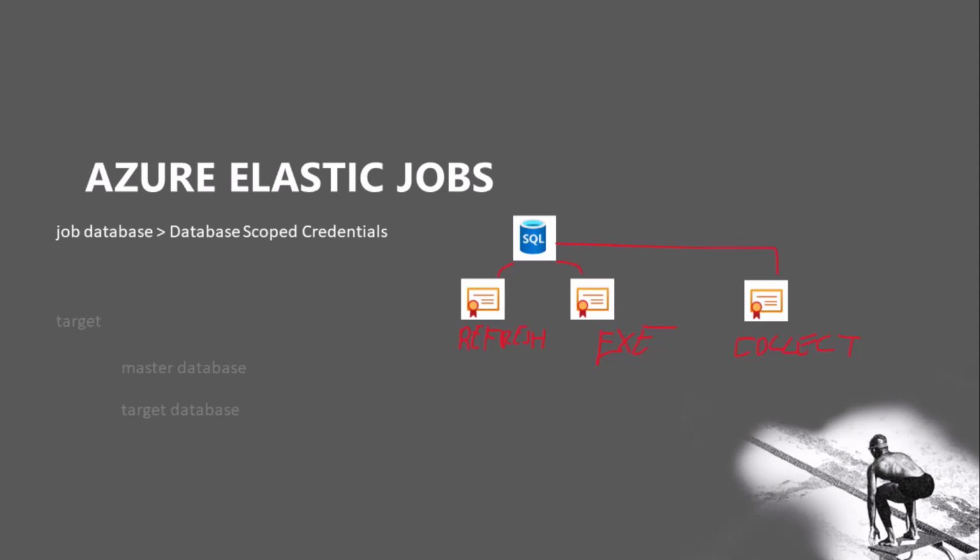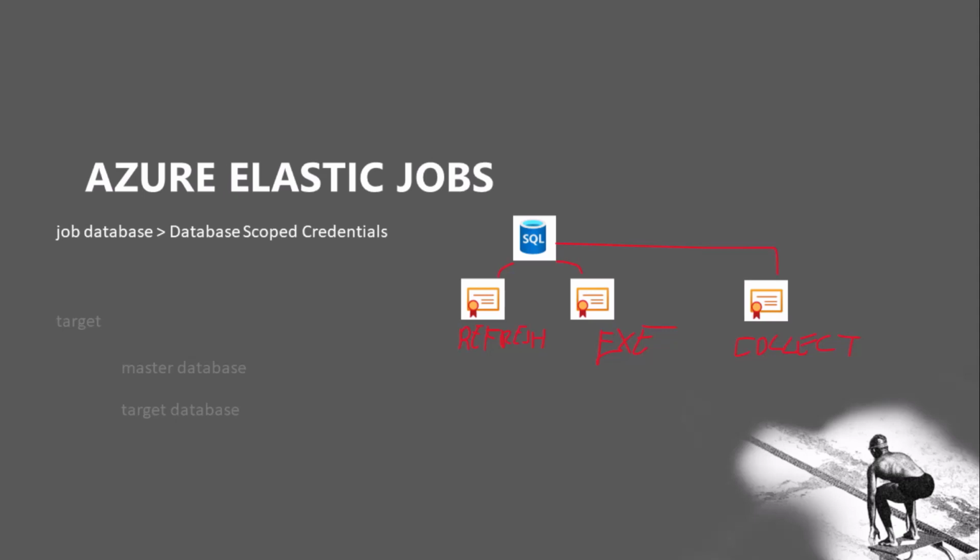The first one is the refresh credential. It will be used for the agent to refresh the database list on a target. So if your target is Azure SQL Server, the refresh credential is responsible for refreshing the current database list. So the agent knows when you drop the database, it won't execute the job on that database because it doesn't exist, so it won't throw an error.